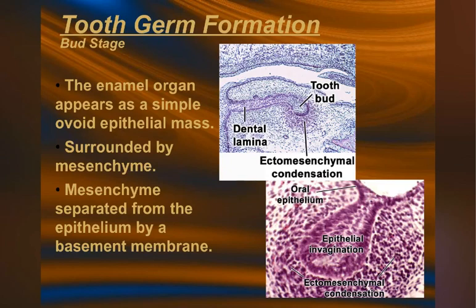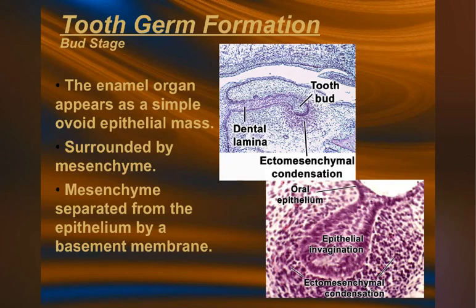The enamel organ appears as a simple ovoid epithelial mass surrounded by mesenchyme. Mesenchyme is separated from epithelium by basement membrane. The enamel organ is epithelium. It's the end of the dental lamina. And the dental lamina, where does it come from?